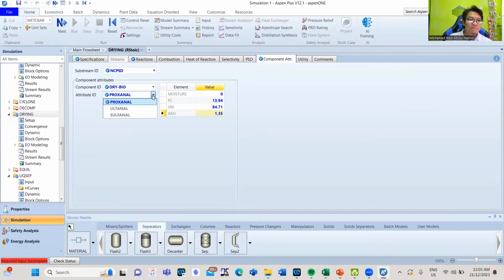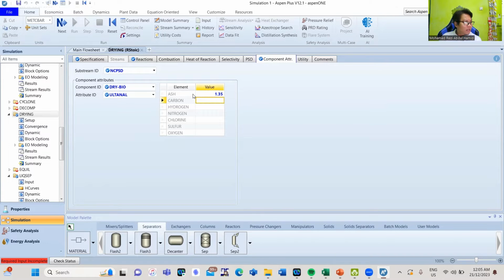And then you repeat the same thing for ultimate analysis. Ash is 1.35. And then carbon 47.67. Hydrogen 6.86. Nitrogen 0.13. Chlorine is 0. Sulfur is 0.01. Oxygen is 43.98.